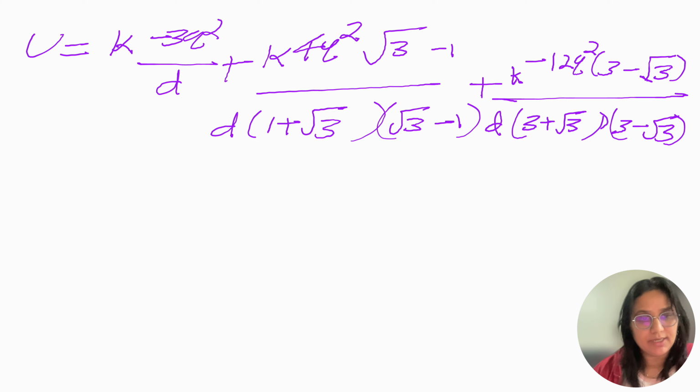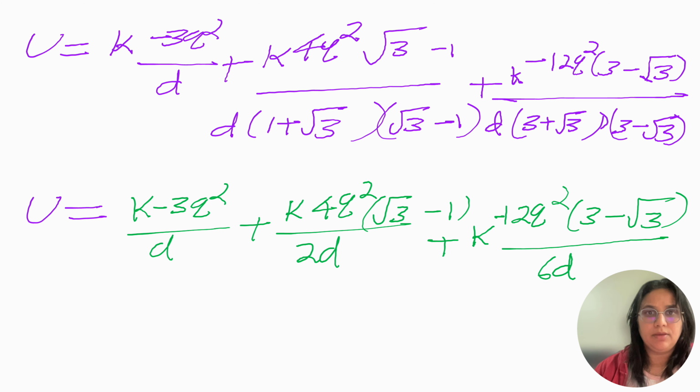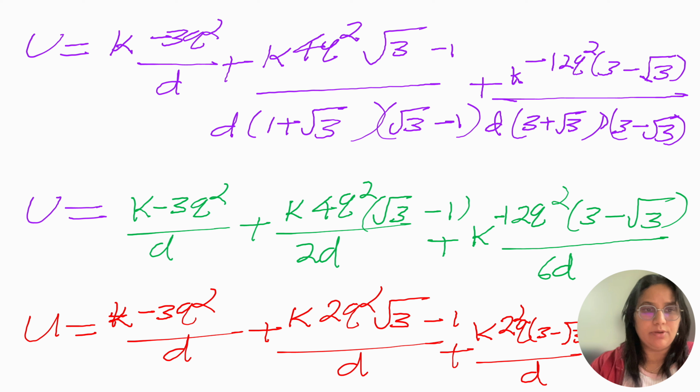Here we are going to rationalize the denominators. What you get is K into minus 3q square divided by d plus K into 4q square, multiplying and dividing by root 3 minus 1, and in the last term multiplying and dividing by 3 minus root 3. Further simplifying, you get K into minus 3q square divided by d plus K into 2q square into root 3 minus 1 divided by d plus K into 2q square into 3 minus root 3 divided by d.